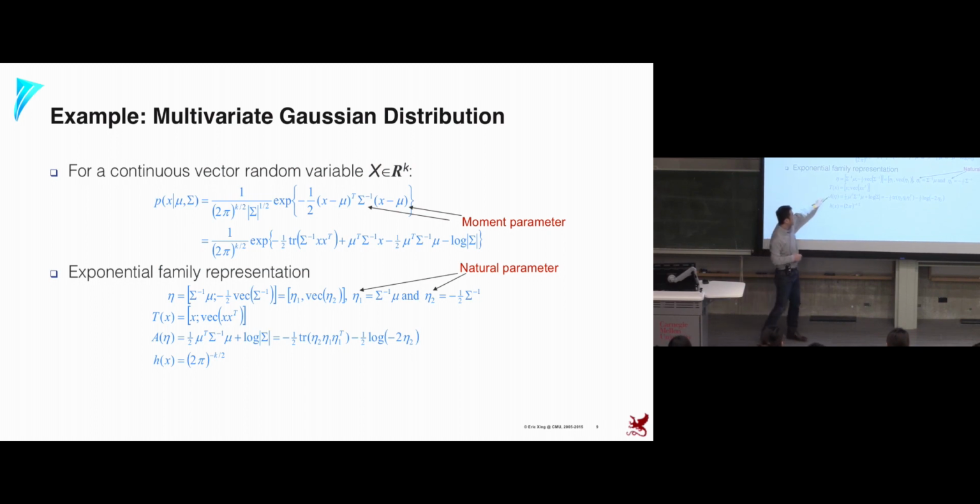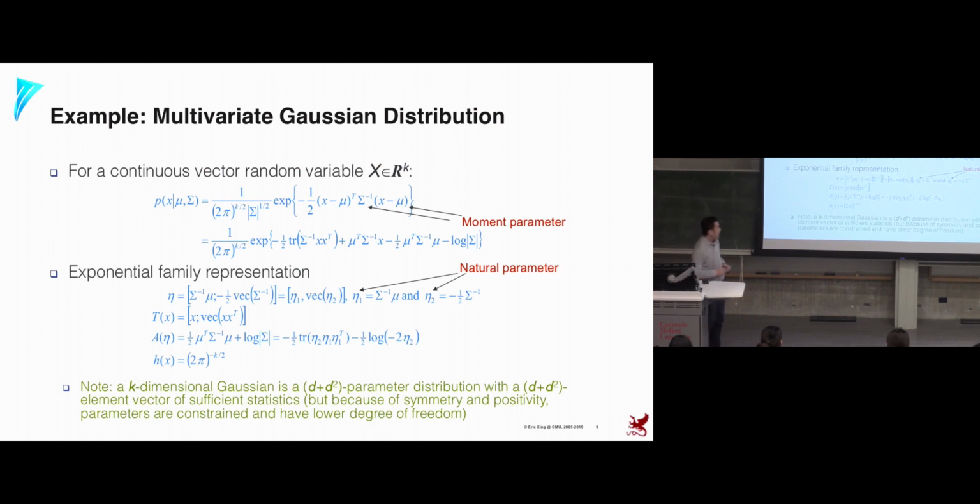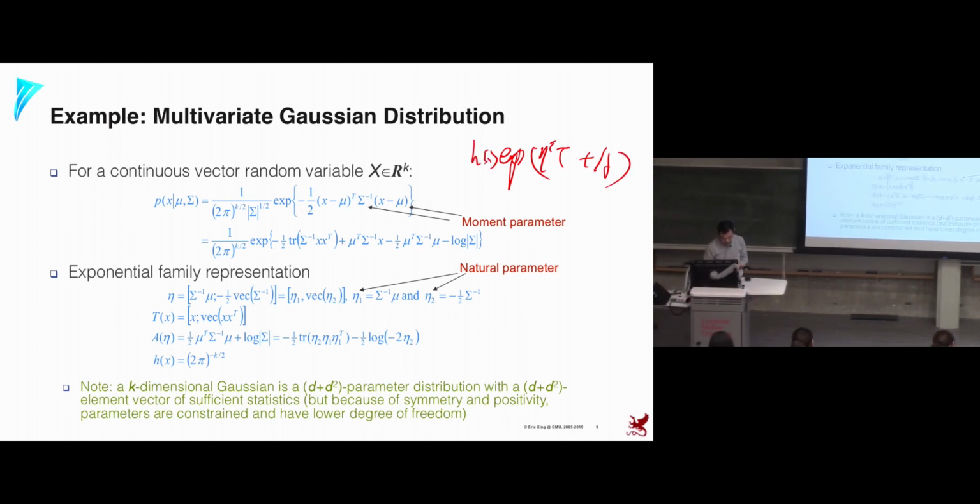Okay? And these are the A and these are the h. By doing so, I forced the very symmetric and beautiful-looking Gaussian distribution into something more like exp of eta times T plus A and so forth. Okay? Just by doing some algebraic rearrangement.